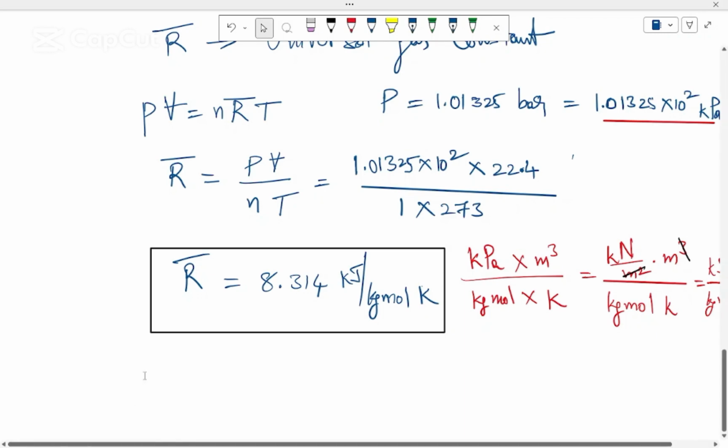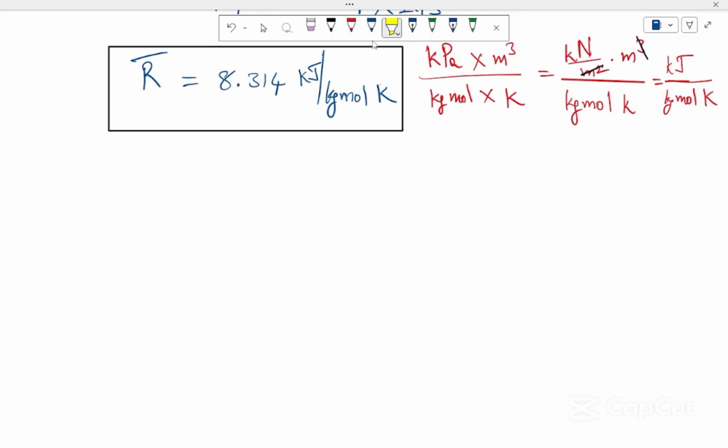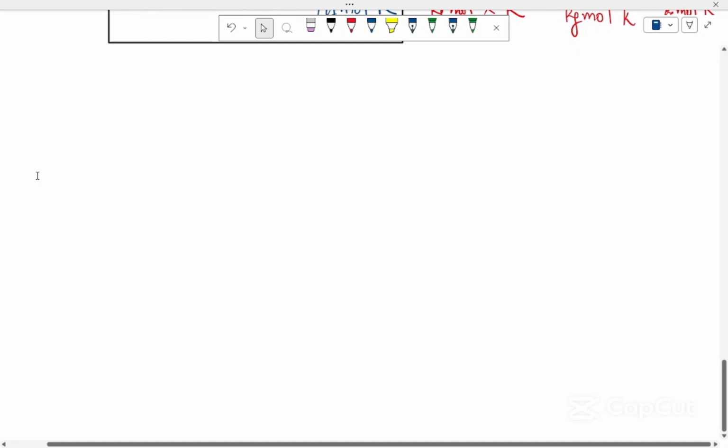Now we will go to the next concept, that is specific volume. Most of you know the specific volume by this time in the thermodynamics course.